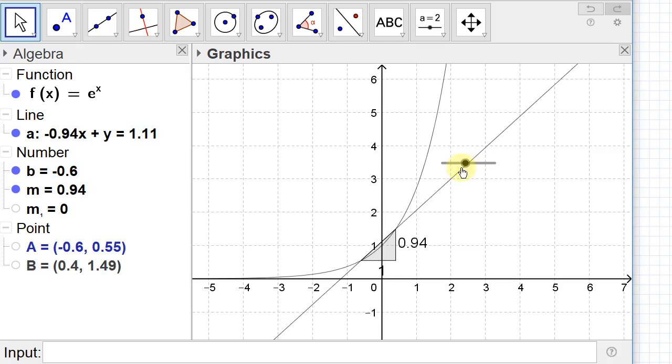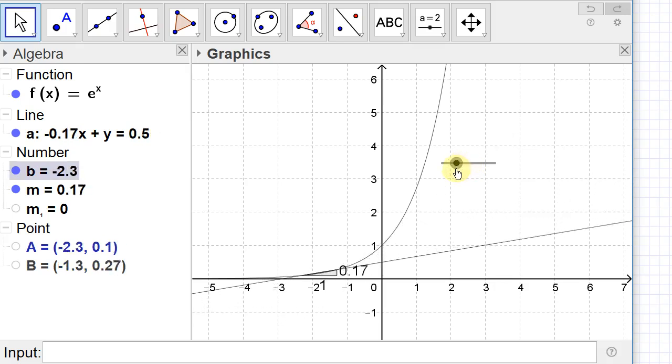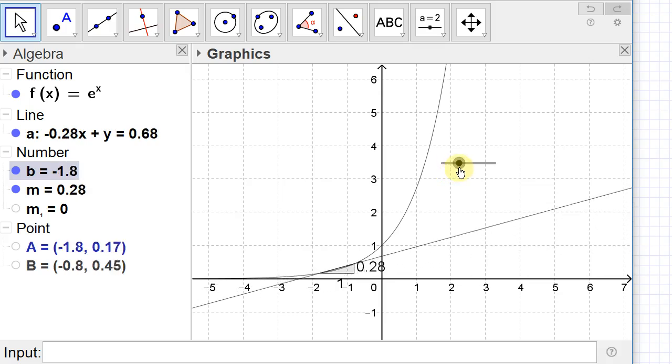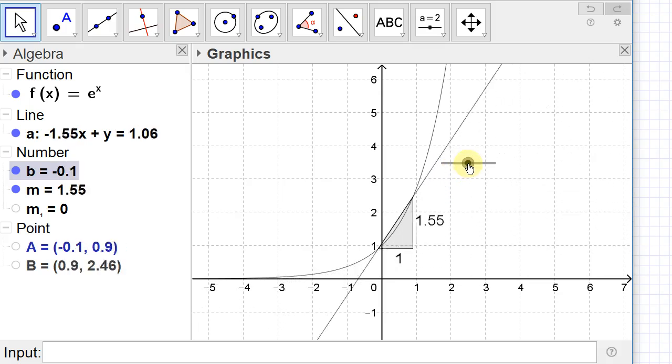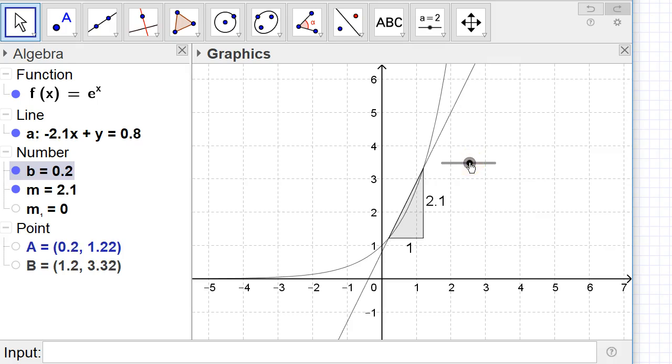Here, if you plug in something around 0, it looks like the slope of the tangent line there is about 1. And as we go over here, the slope of the tangent line is getting closer to 0. And so you'll notice that it looks like the slope here is approximately equal to the y coordinates that we're talking about.